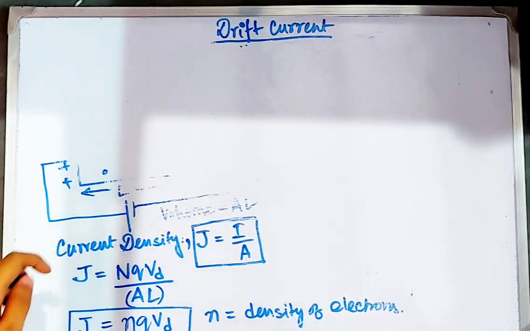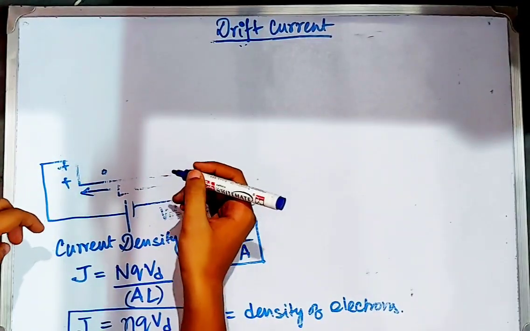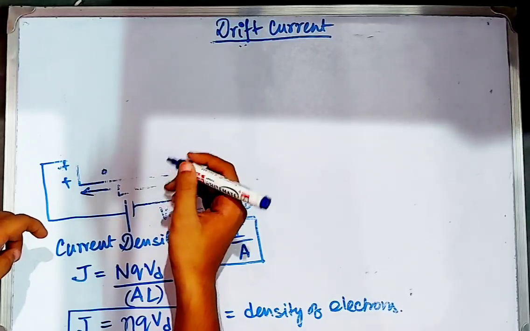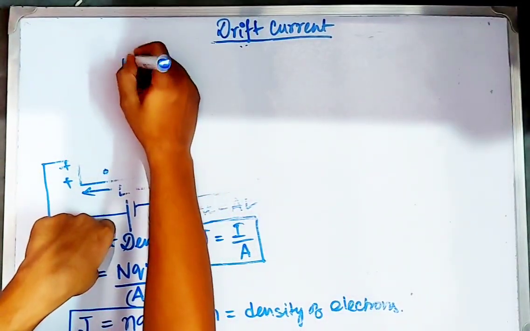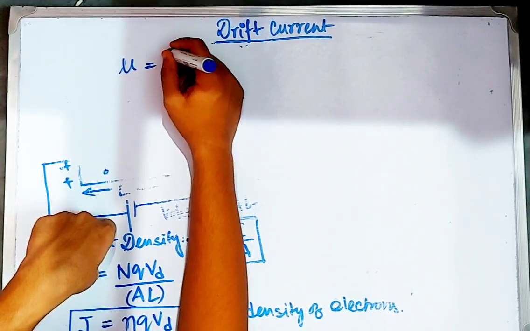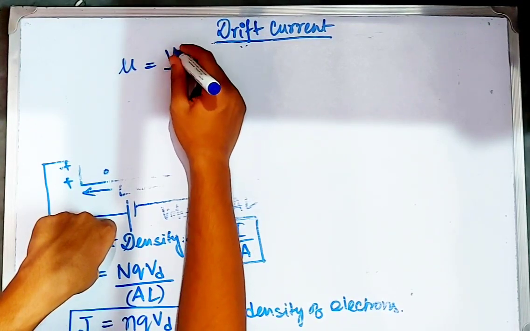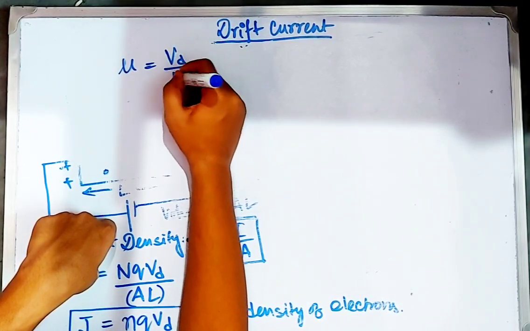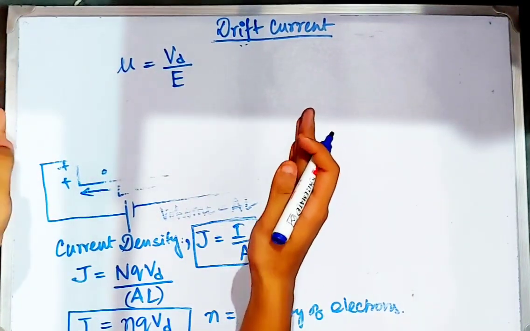In the last video we talked about mobility and how mobility of the charge carriers is measured. The formula was mobility equal to the drift velocity of the charge carriers divided by the external electric field.